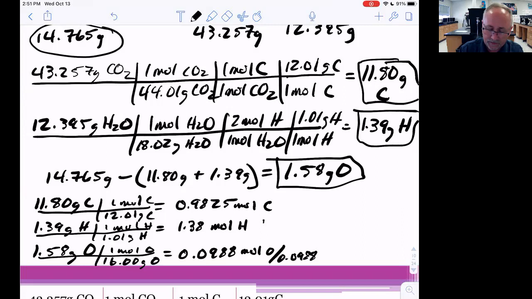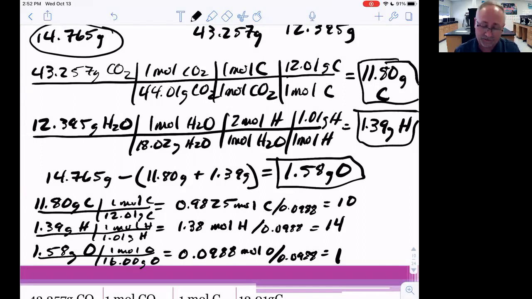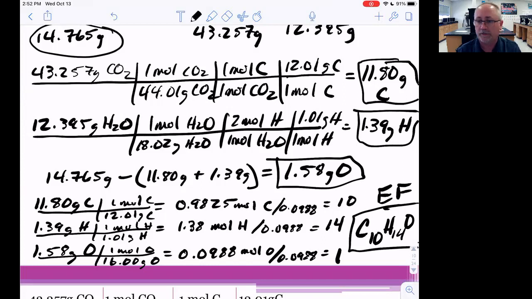And what I end up getting is 1, of course, for the oxygen. I end up getting 10 for my carbons, and I end up getting 14 for my hydrogen. So my empirical formula, the simplest, is actually C10H14O. So that boxed one at the bottom is actually my empirical formula.